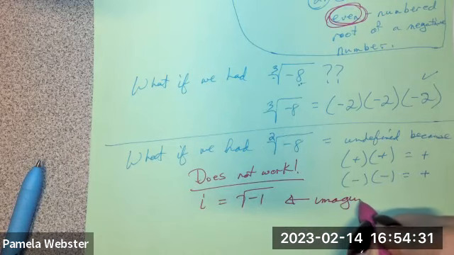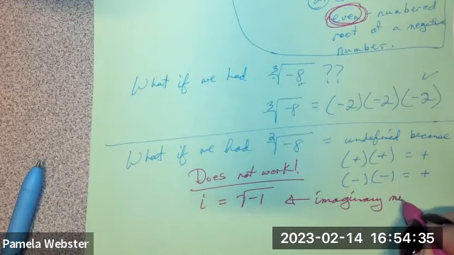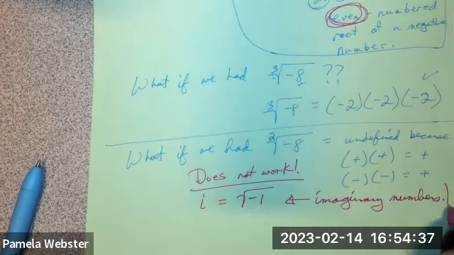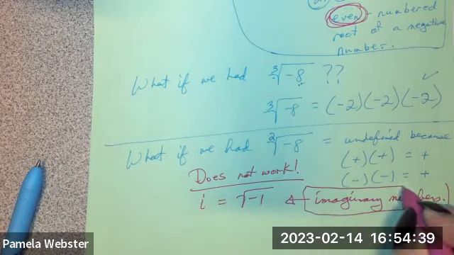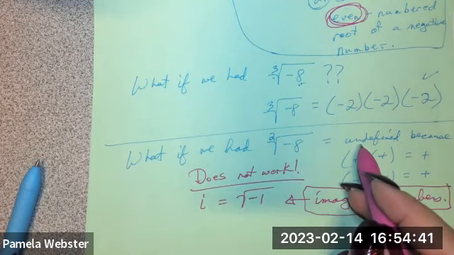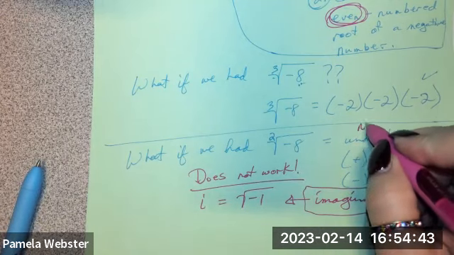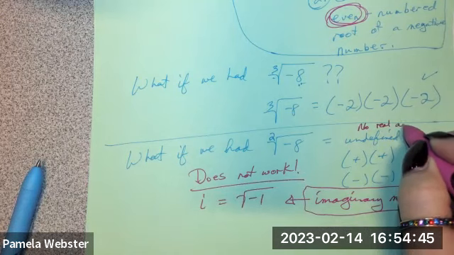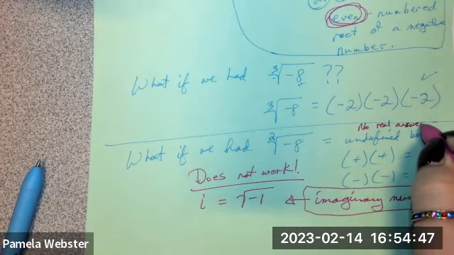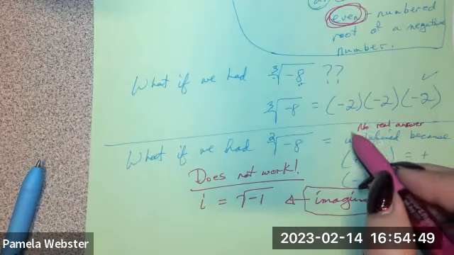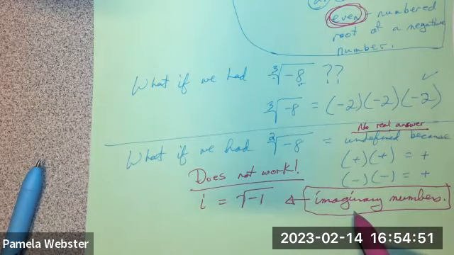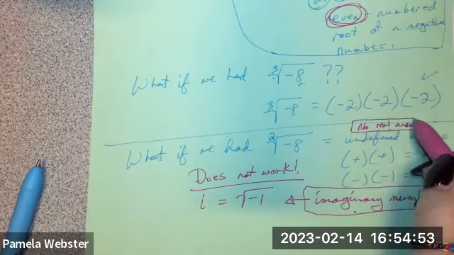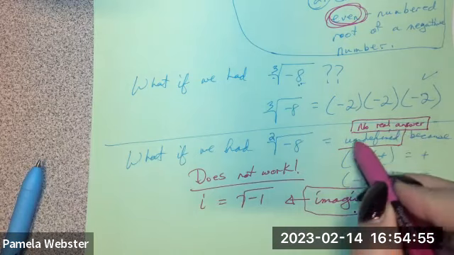And I'm sure you've dealt with those before. Imaginary numbers. Okay. So that's why we say this is undefined, or you might hear somebody say there's no real answer. And that's because it pops us out of the real numbers and marks us over into the imaginary numbers. That's why we can't do that.